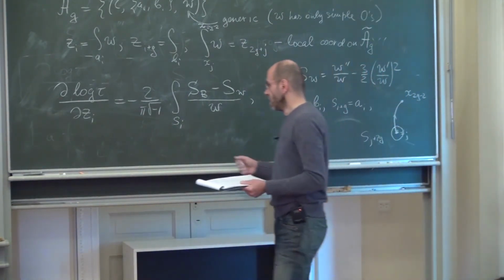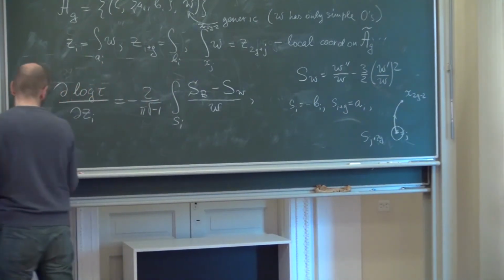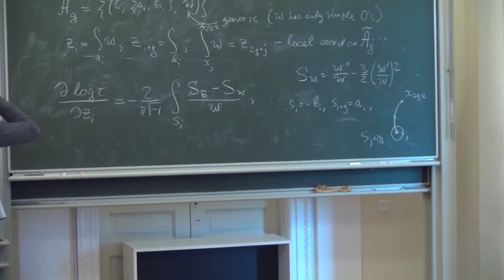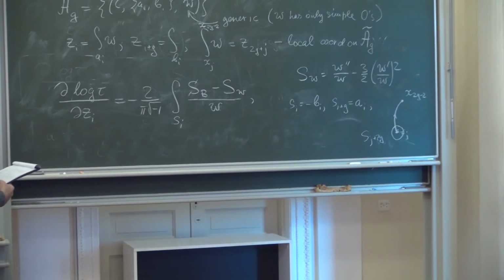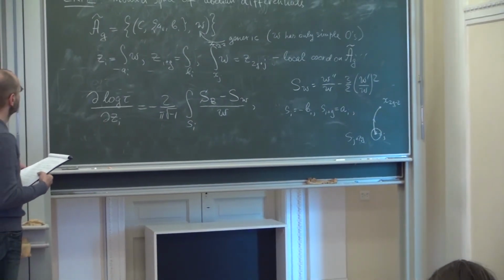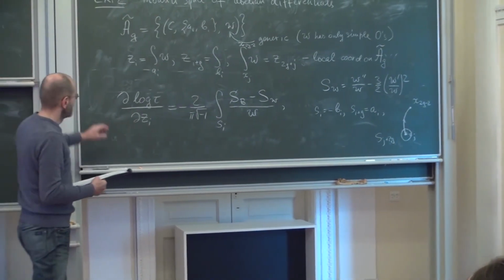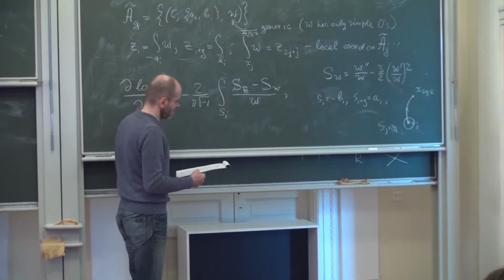And again, as in the case of meromorphic function, this tau extends as a holomorphic, nowhere vanishing function on the space A tilde.